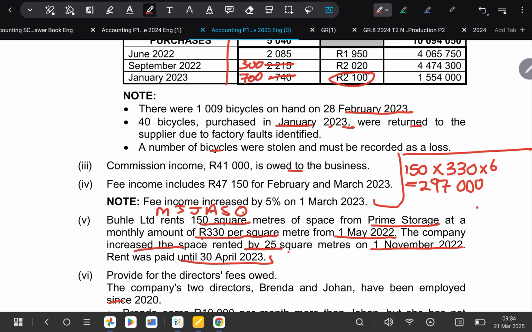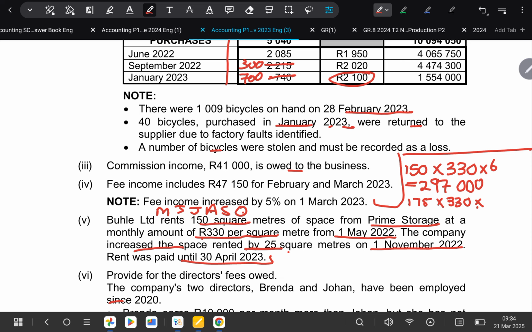So if you say 150 plus 25, it's going to give you 175 square meters. So we are going to have 175 multiplied by 330, and then multiplied by the number of months we are supposed to pay the rent.